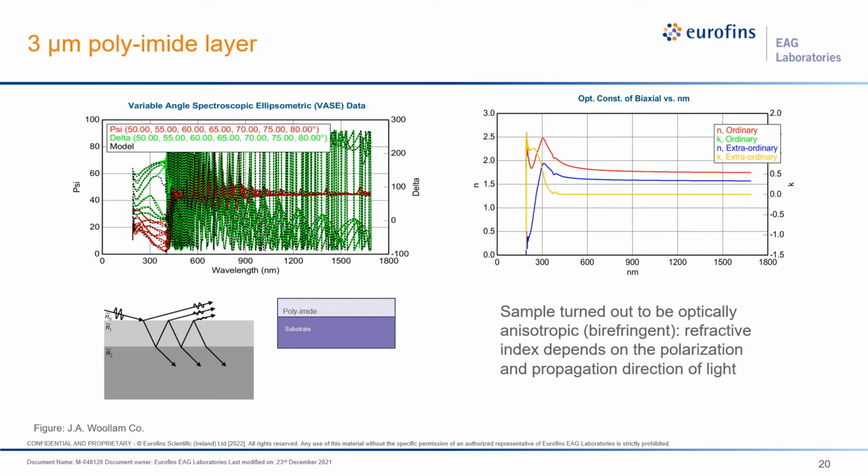If the electric field oscillates parallel to the optical axis, propagation direction perpendicular, we find the extraordinary index, n_e, for extraordinary. For all other relative orientations and hence angles of incidence, the refractive index is generally a mixture of n_o and n_e and thus has a value between these two.